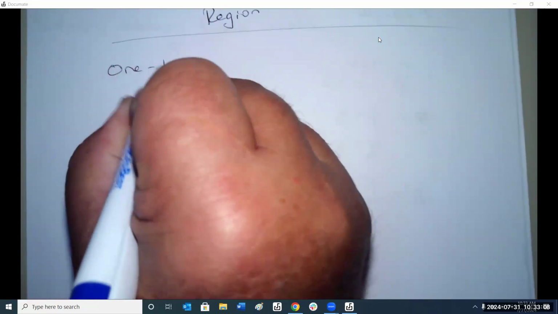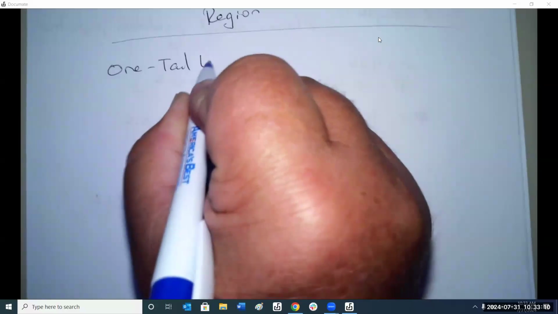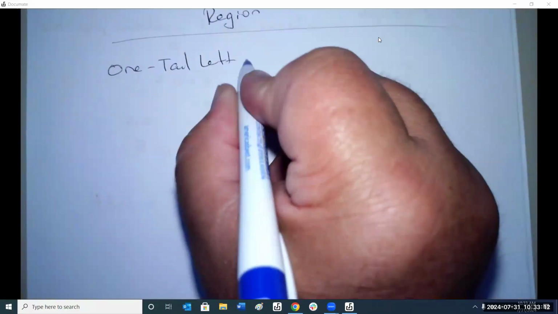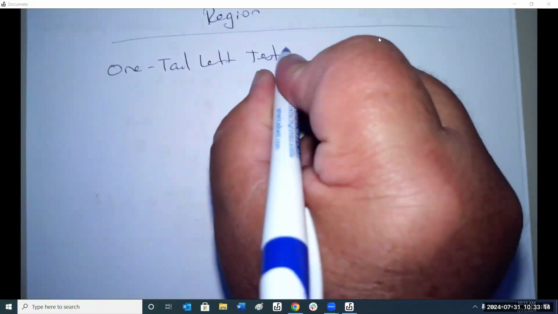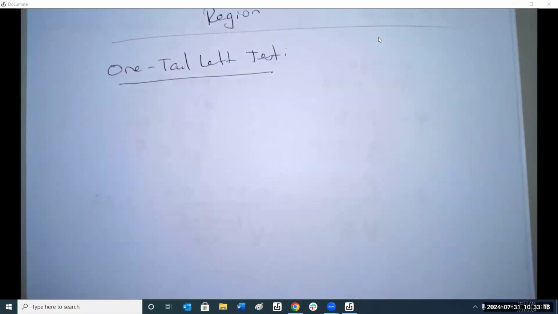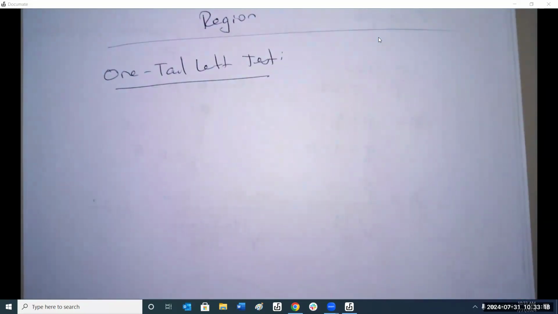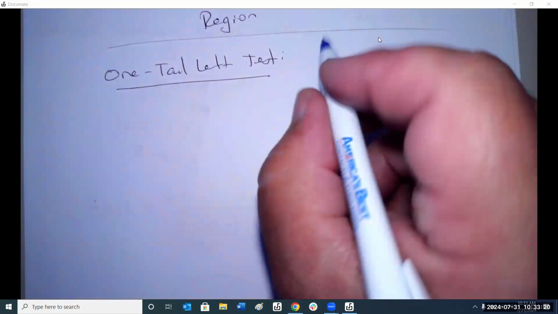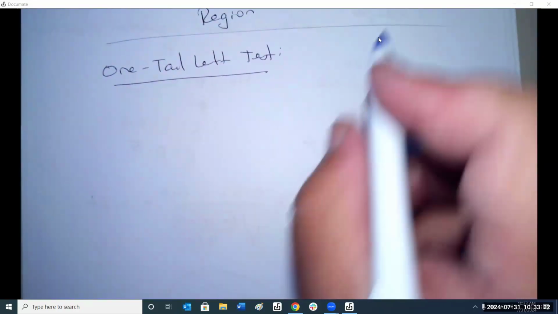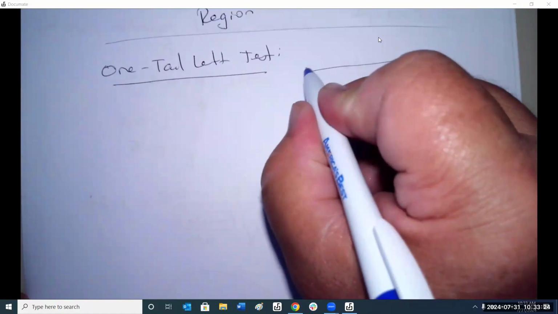So let's get a one tail left test. For a one tail left test, what do we have?